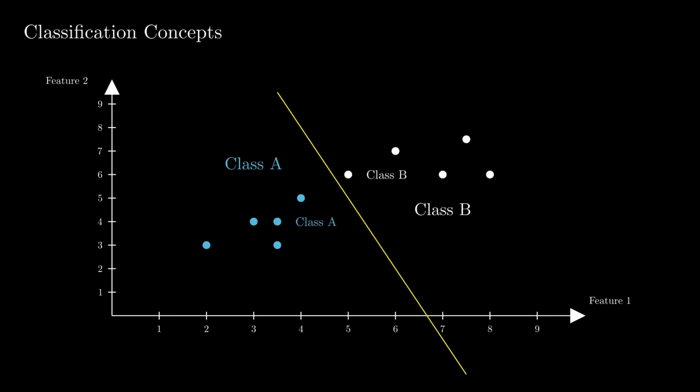You have a class A point, you have one more that's classified as B, and one that's classified as A. And this is perfectly fine. So using this randomly chosen classifier, we were able to classify new data points.